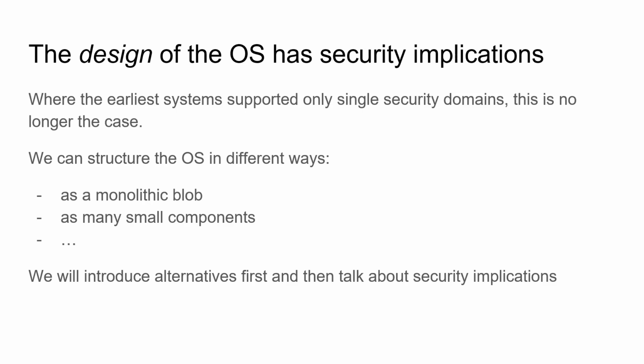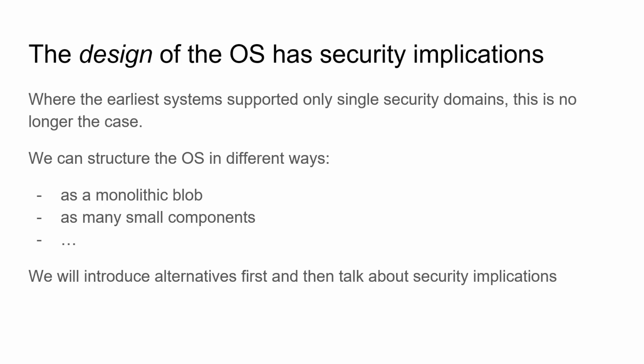Moreover, we shall see that the design of the operating system itself has strong security implications. And we're going to talk mostly about these operating systems where there are multiple security domains. So not the earliest systems where there's only a single security domain, or embedded devices where you only have a single security domain. We're mostly talking about operating systems with multiple security domains. And we shall see that we can structure that operating system in multiple different ways.